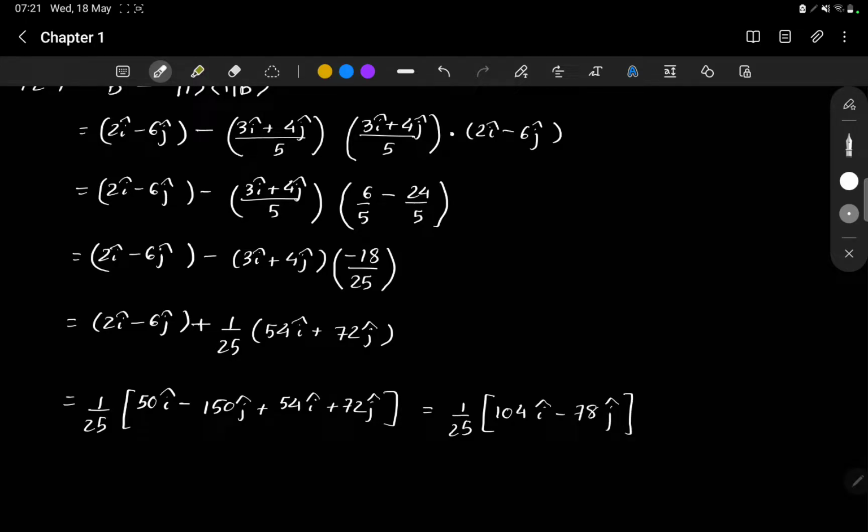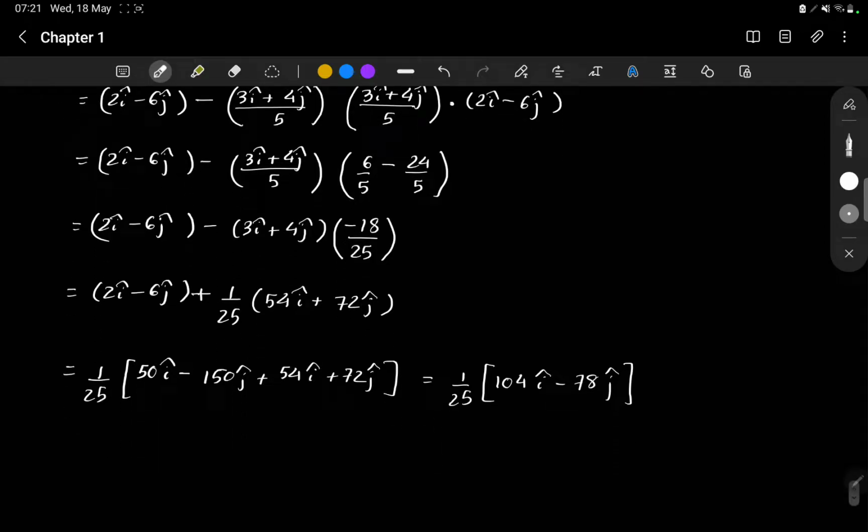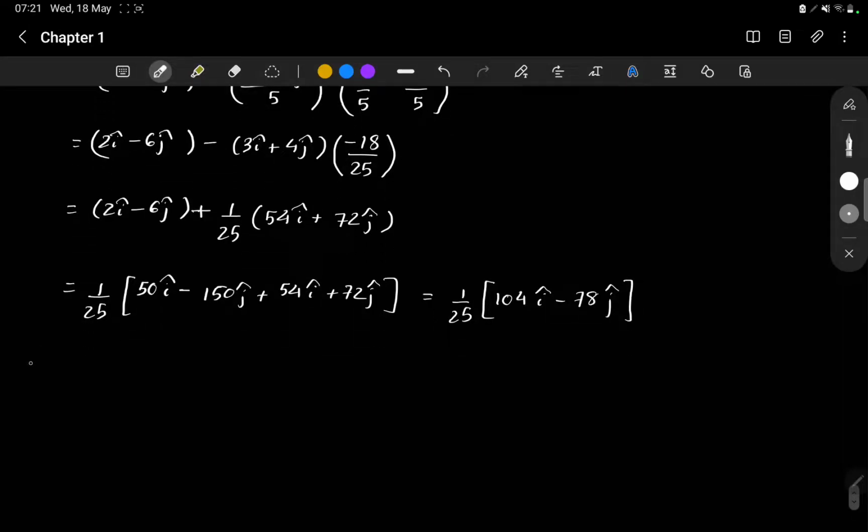So this is the second vector, and we need to then orthonormalize it, which means we need to make it a unit vector by dividing it by its own length. So the second vector will be this vector that we have divided by its length.